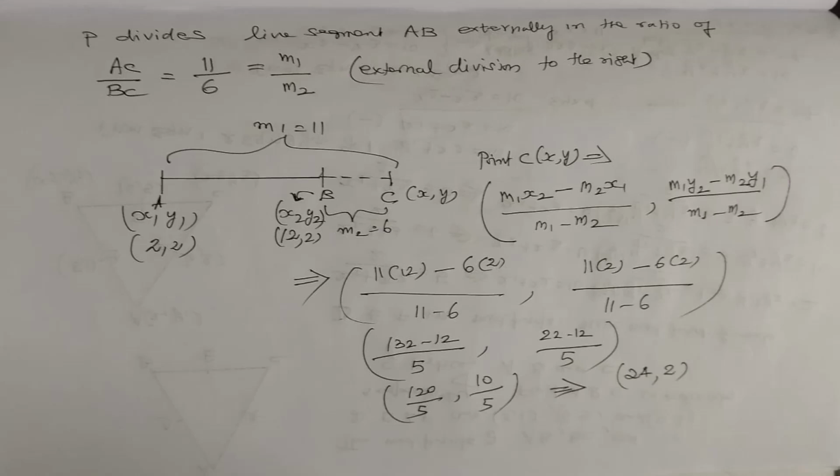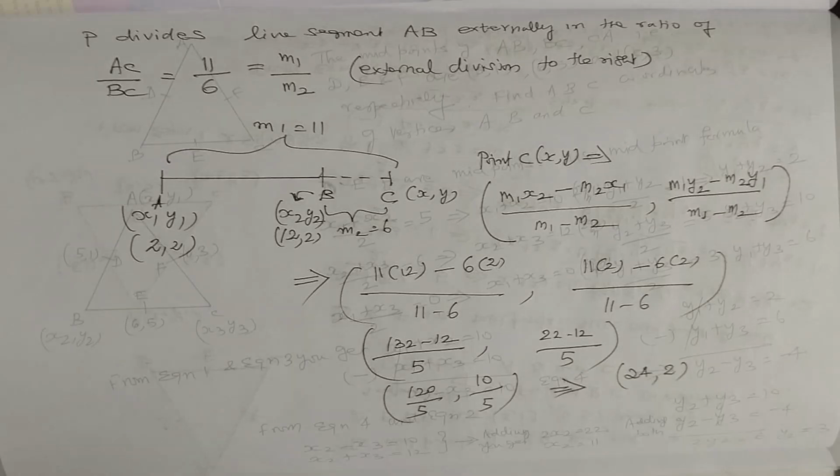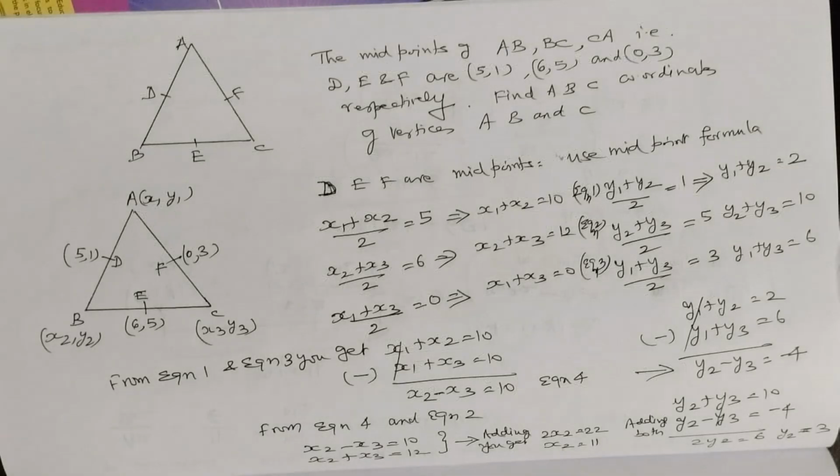In the problem now shown by the slide, ABC is a triangle where D, E, F are its midpoints. D is (5, 1), E coordinate is (6, 5), F coordinate is (0, 3) respectively. Find the coordinates of vertices A, B and C. Now D, E, F are midpoints. Use the midpoint formula.